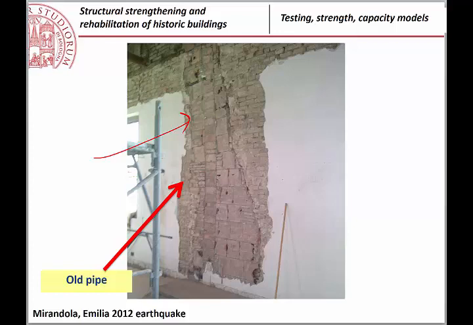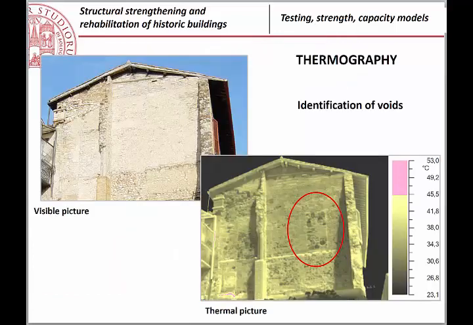Of course, in the past, the only way of heating the rooms was to use some pipes, and the pipes were then closed, probably you didn't see anything afterwards because you put new plaster, etc. If you have an earthquake, in this case, we found a lot of vertical cracks. And the only reason for having vertical cracks when you have horizontal forces is that there is some discontinuity. This is the most common discontinuity that you can have.